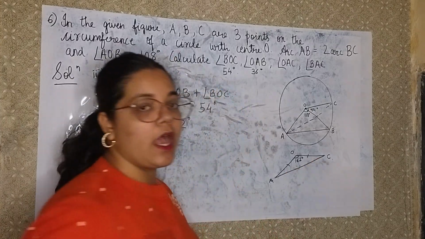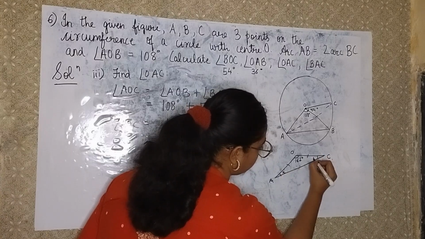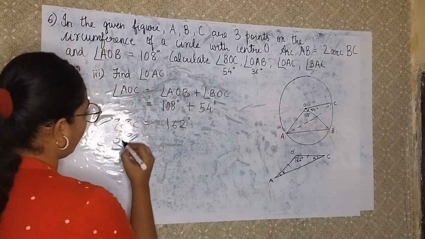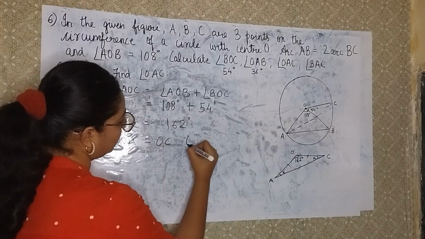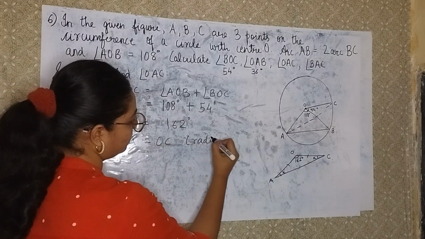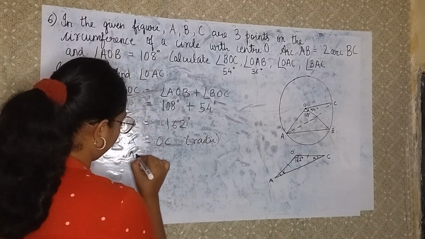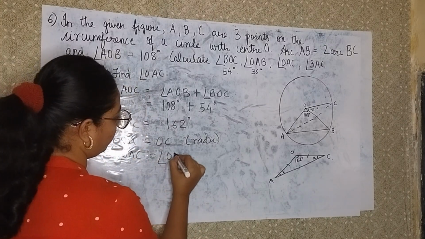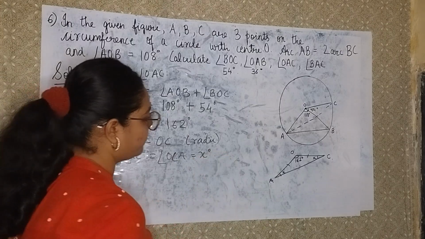OA and OC are radii of the circle, so base angles will be X. Now taking OA equal to OC, that is radii, angle OAC equal to angle OCA equal to X degrees.